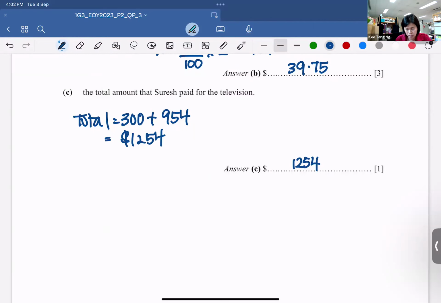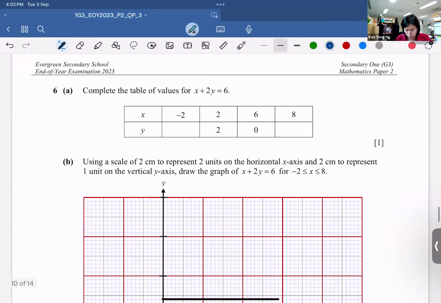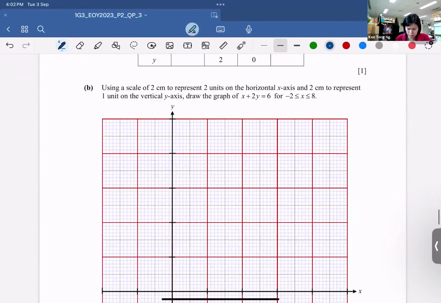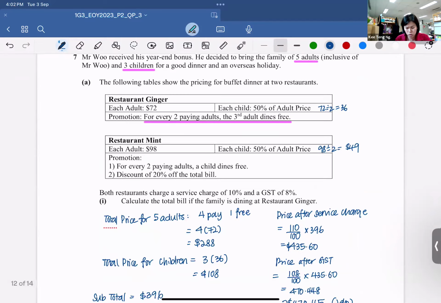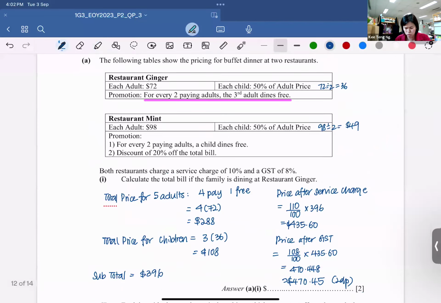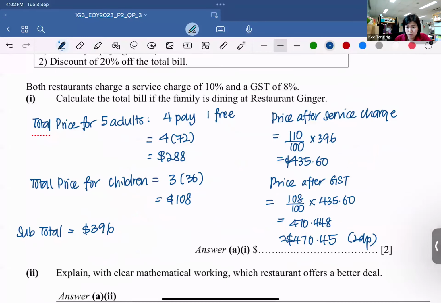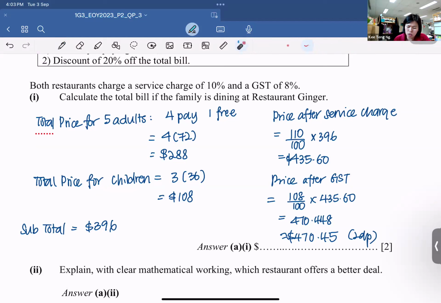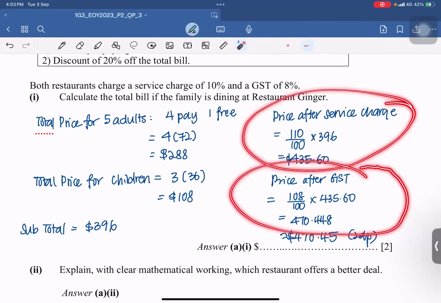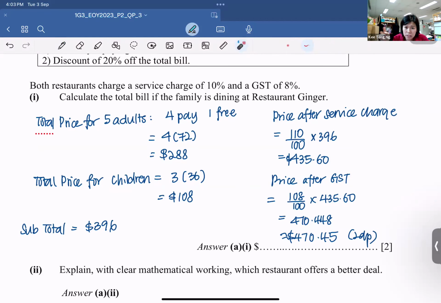Yes, correct. Right, this question we'll go through in class and draw the graph in class. This one I just want to roughly go through and show you. When you calculate GST and service charge, please make sure you calculate the service charge and then the GST. So you do not just add 10 plus 8 to get 18%. No, that's not true, because the base value will be different.